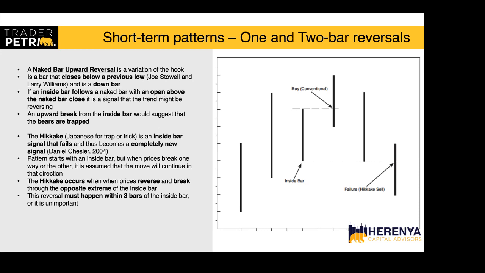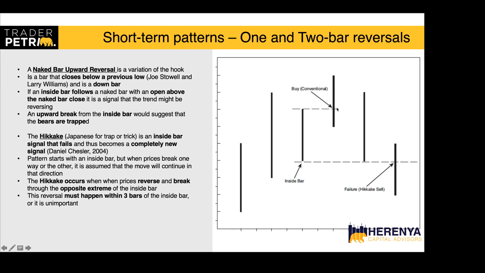Then there's something called Hikkake. I think I'm saying that correctly. It is Japanese for trap or trick or ensnare. It is an inside bar signal that fails, and then because it's failed, becomes a completely new signal in itself. So you can see here in the example that we have an inside bar. It opens and rallies out, and it gives you the conventional buy signal that we would take by breaching the inside bar's upper extreme.